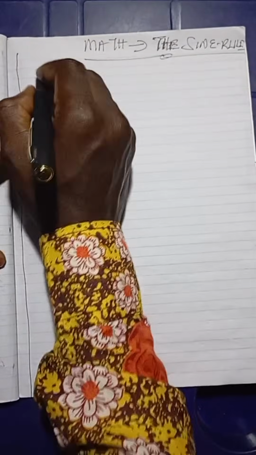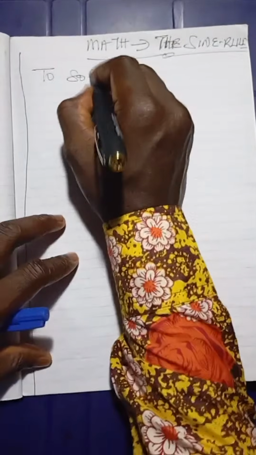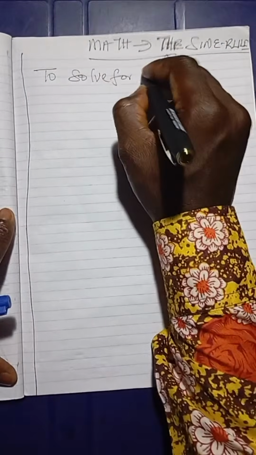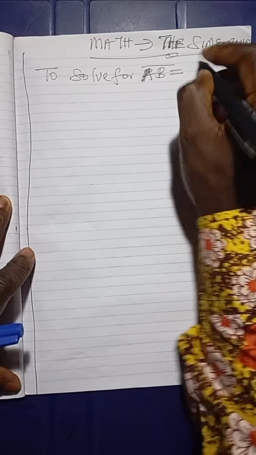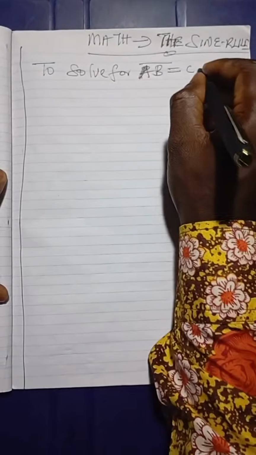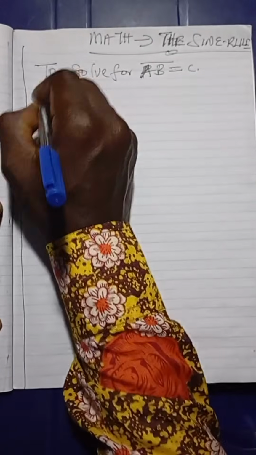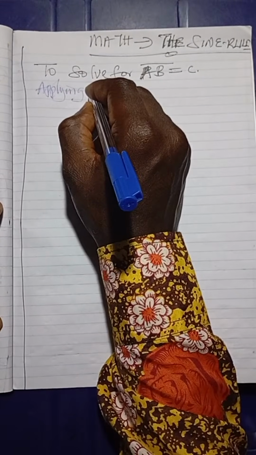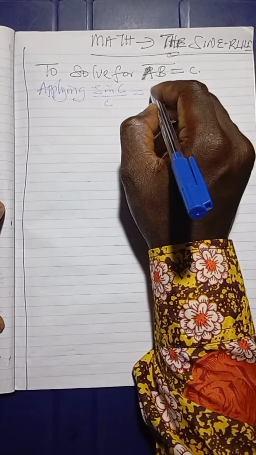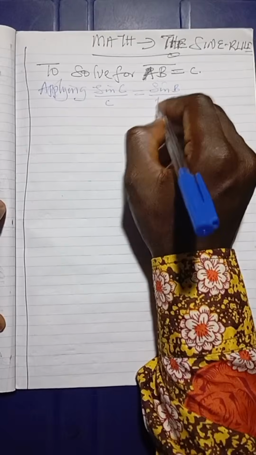So to solve for AB, which is our small c, applying this rule, sine C over small c equals sine B over small b.